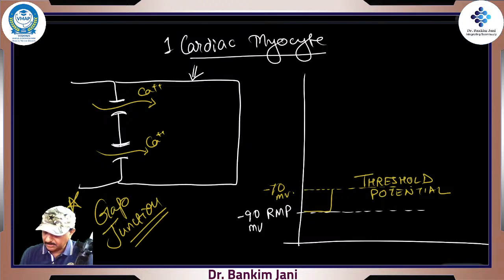Same principle, but remember this is a very special phase because of the gap junction. A small amount of calcium just seeps in, slowly takes it to minus 70, and now the action comes.